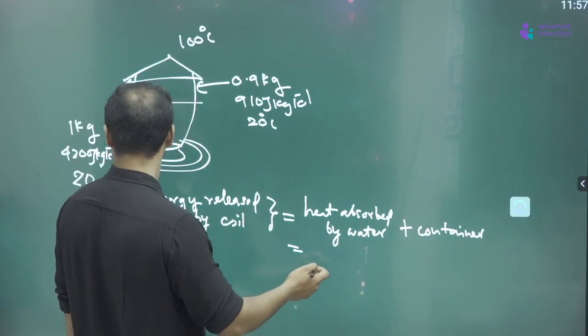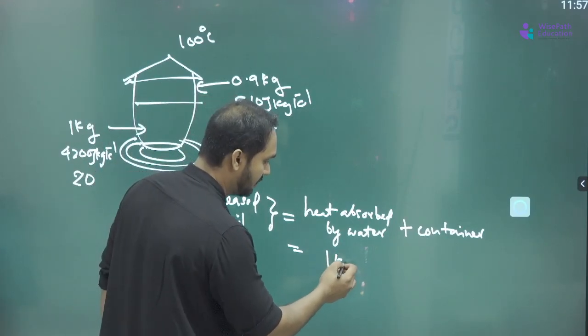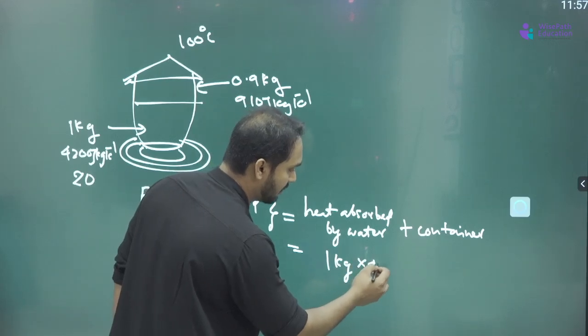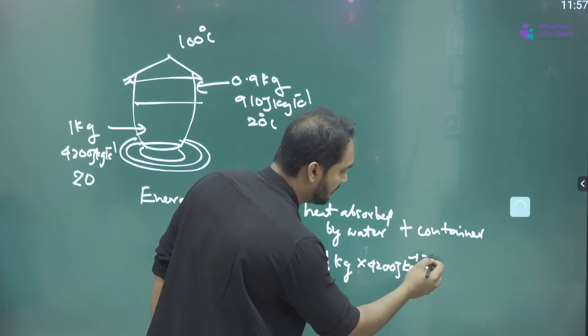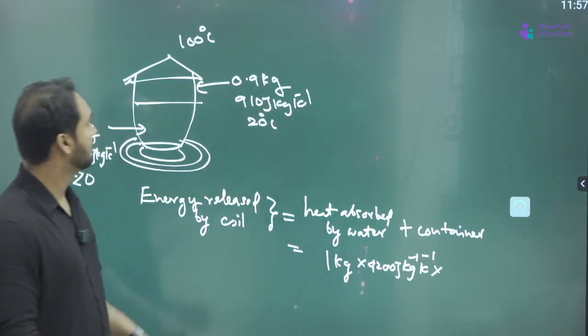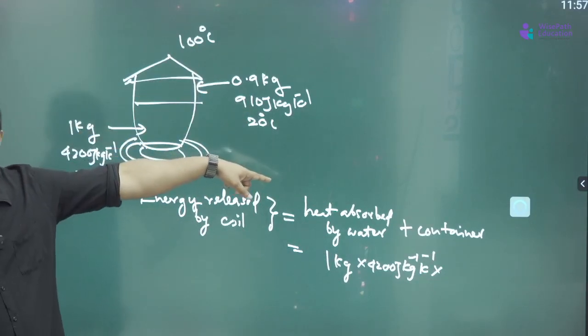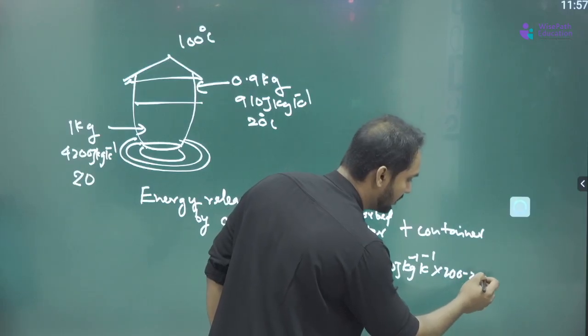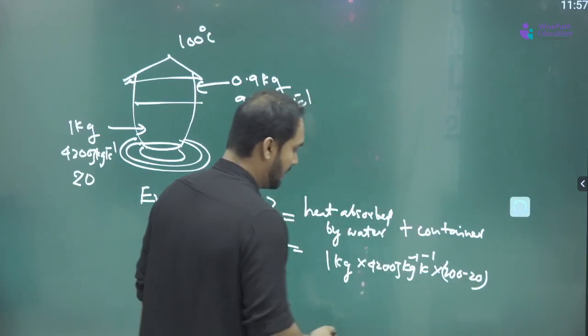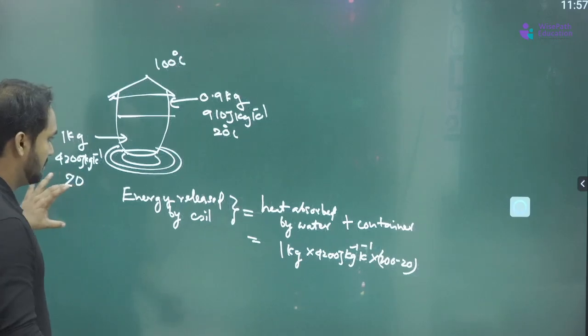We'll put it first. 1 kilogram, 4200 joules per kilogram per Kelvin, and the temperature difference will be 100 minus 20, which is 80, right?